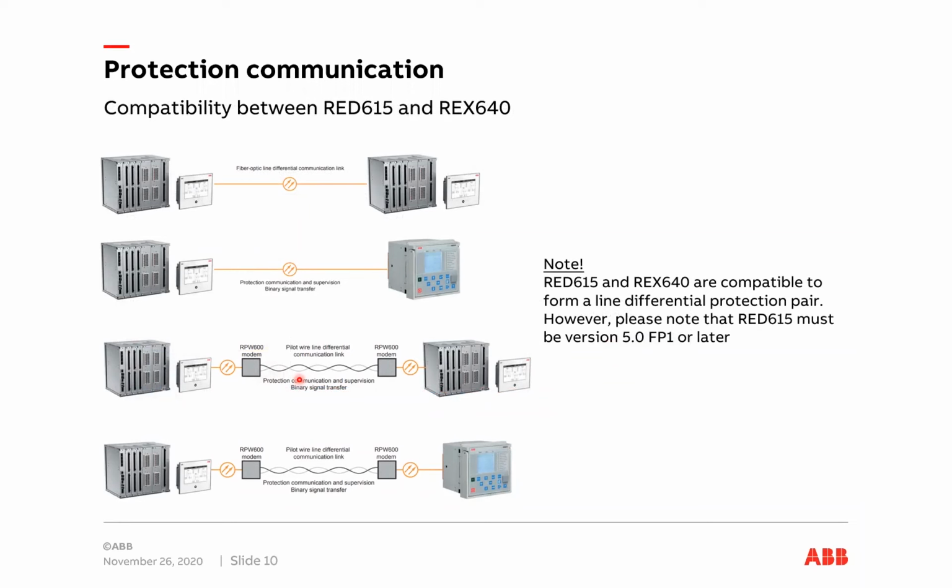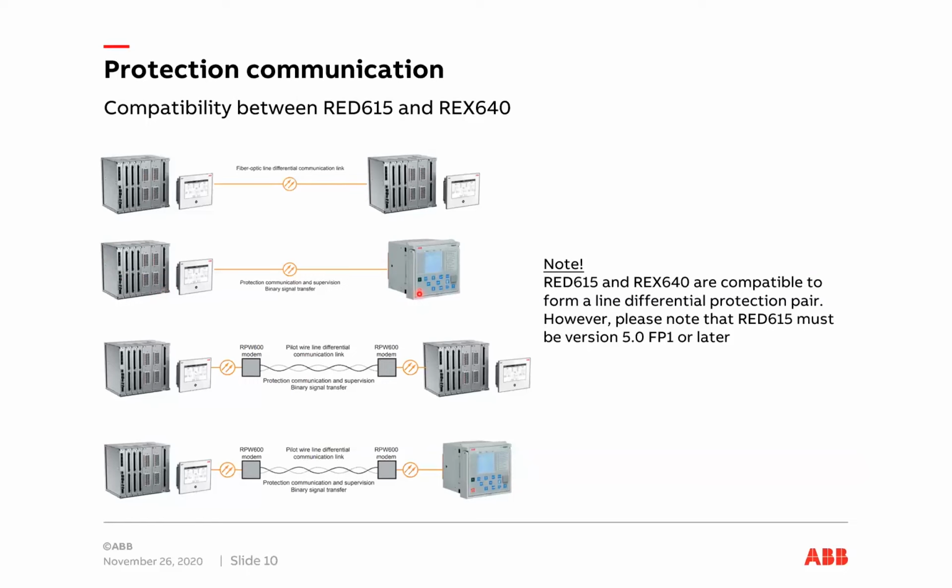Then a couple of words about the compatibility between RED 615 and REX 640. So what you can see here in this picture, it's possible to use both RED 615 and REX 640 when protecting a line. So you can have REX in one end and RED in the other end of the line.